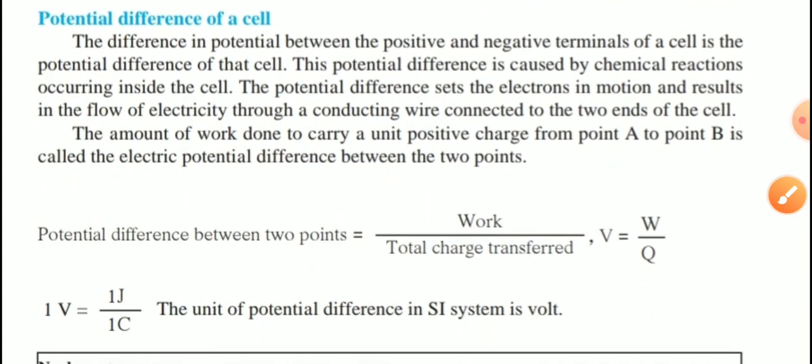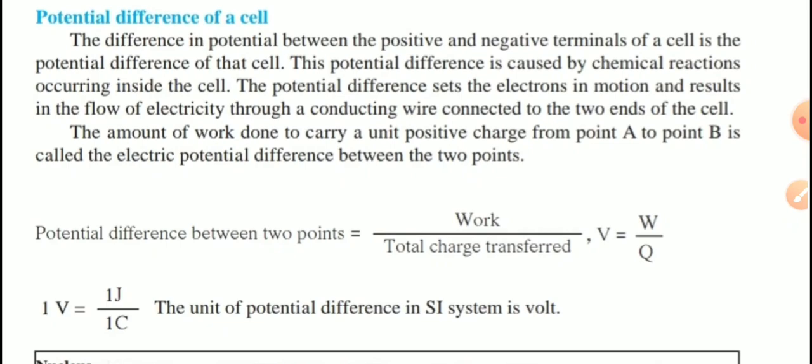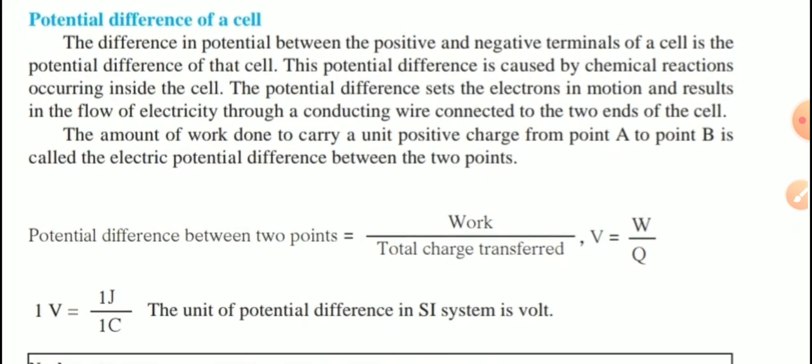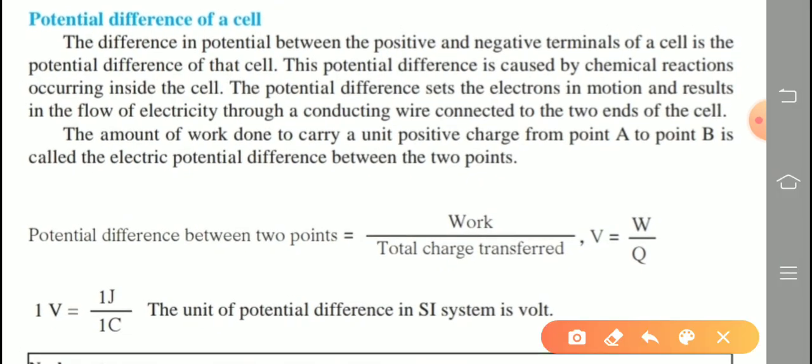Next concept is given here, potential difference of a cell. Define, what is the potential difference of a cell? So you mark that the difference in potential between the positive and negative terminals of a cell is called the potential difference of that cell. That is the meaning. Make the bracket, underline. This potential difference is caused by chemical reaction occurring inside the cell.